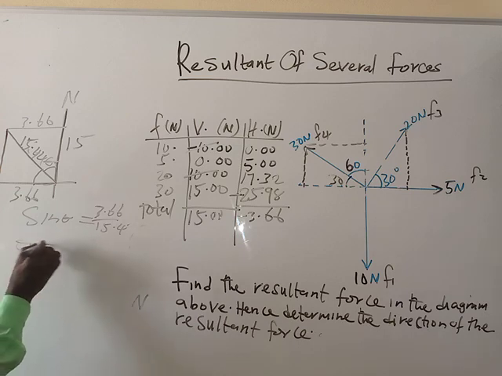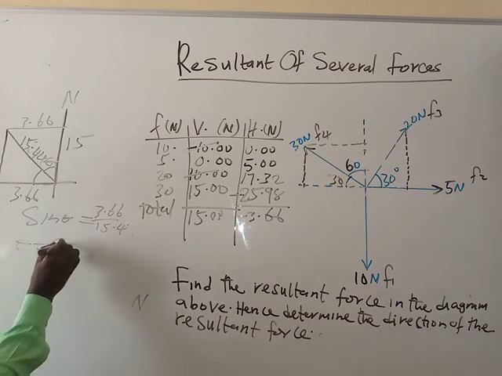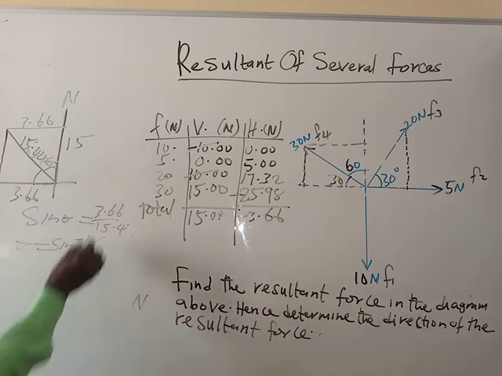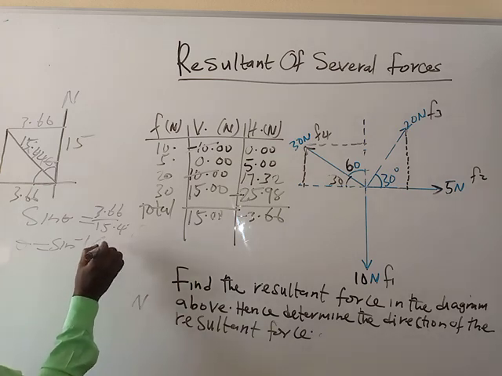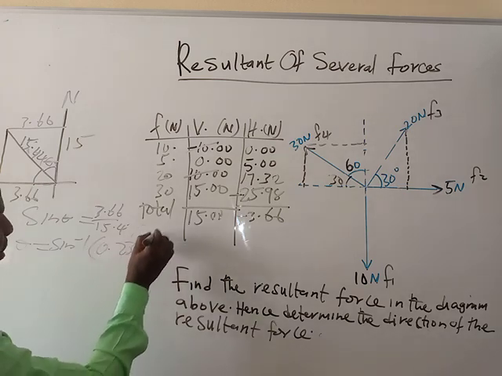So our theta now is equal to sine arc of 0.2376.